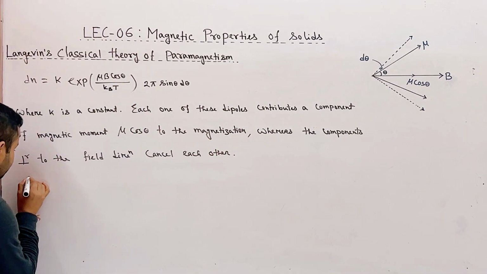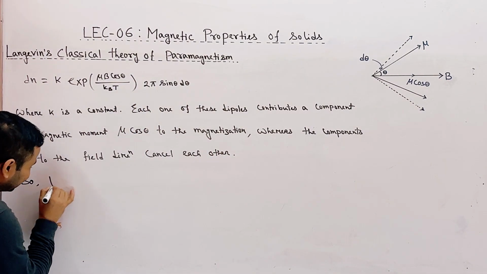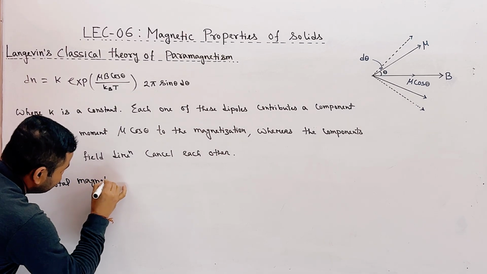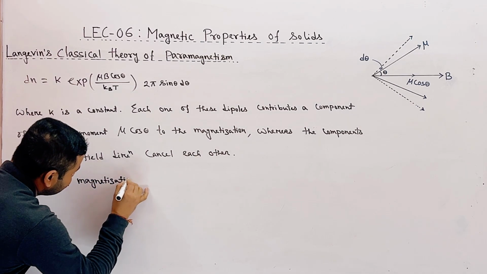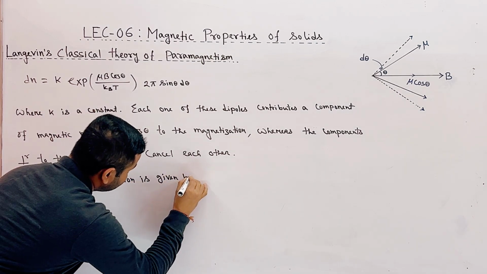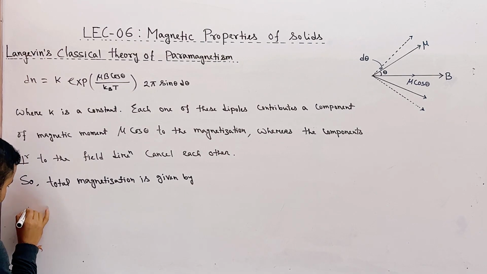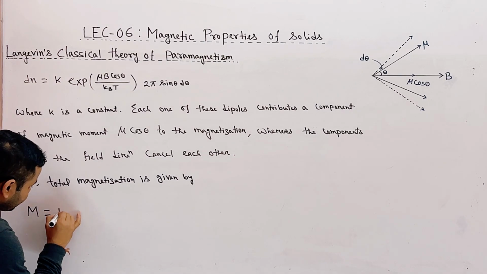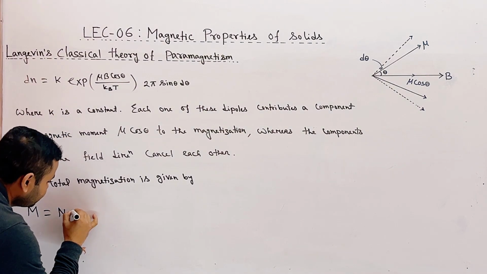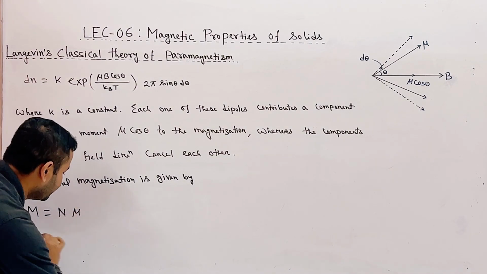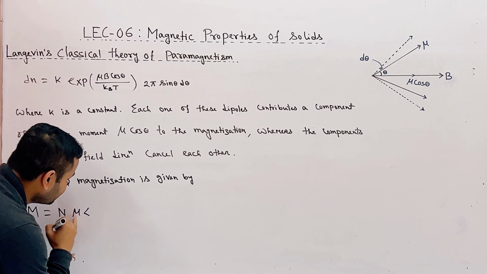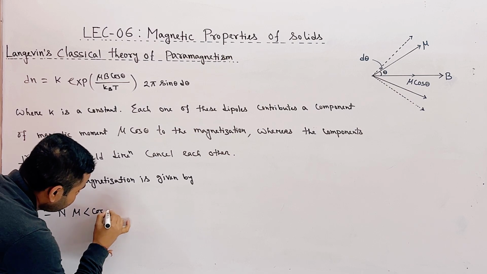So, total magnetization is given by M is equal to n, total number of atoms per unit volume, into average contribution of magnetic dipole moment of one atom, that is mu into average value of cos theta.